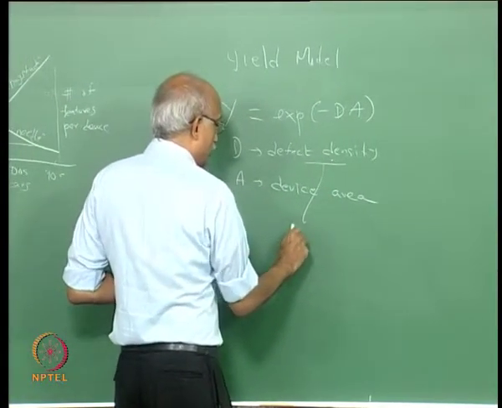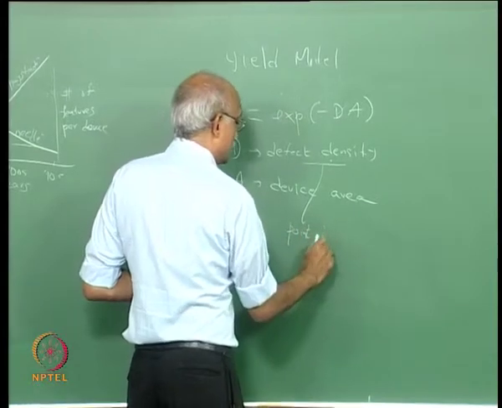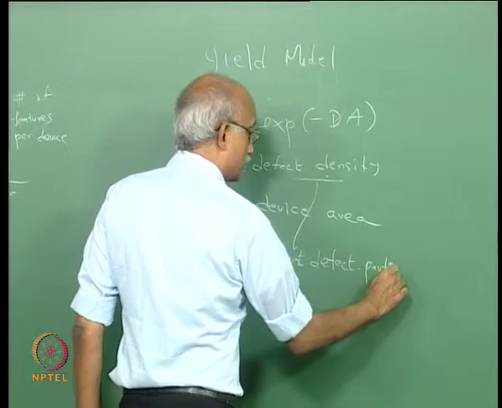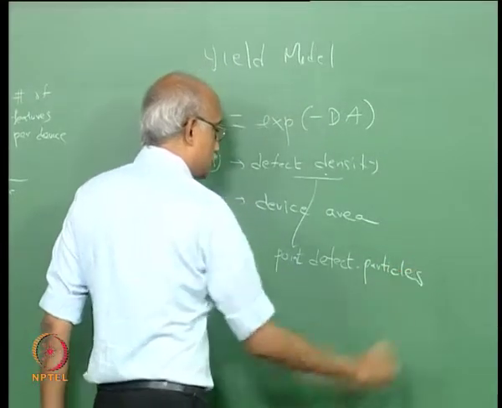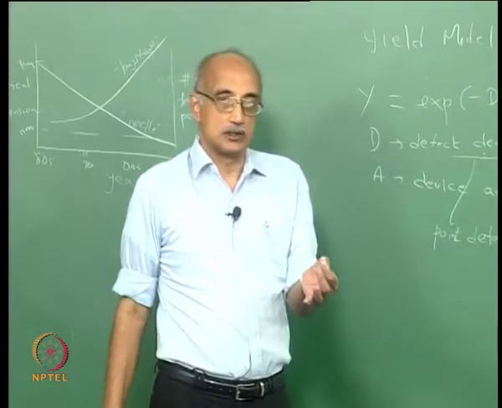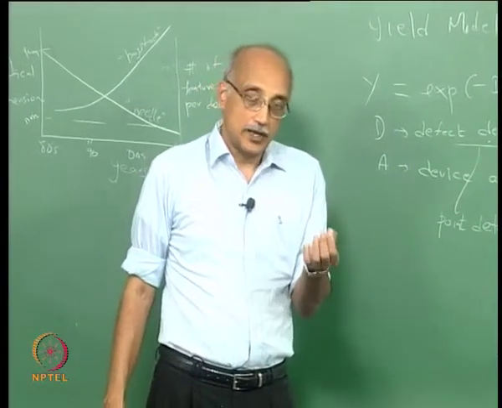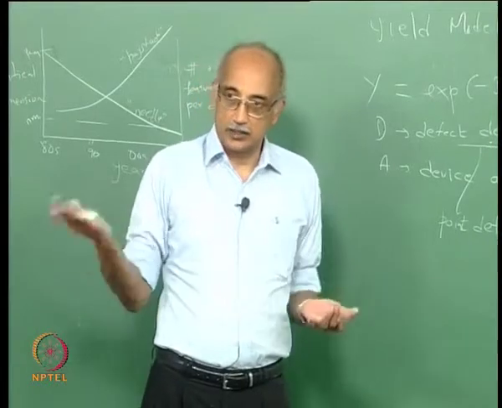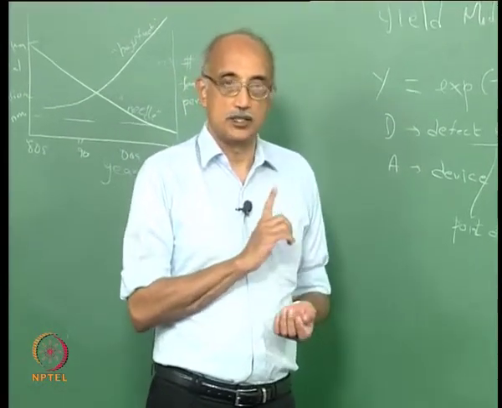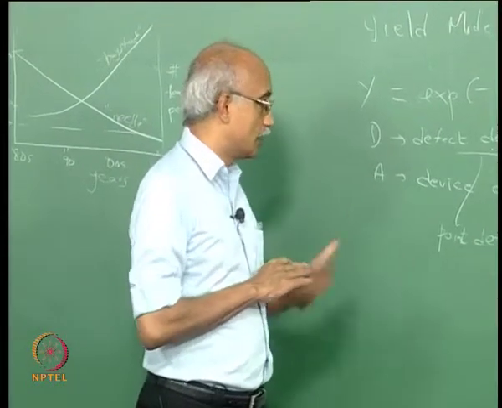Particles essentially cause what are known as point defects. A particle essentially causes a defect to happen at one location, at a single point. Now, that defect can then propagate over the entire device, but the starting point is a single location or a single point. So, it is known as a point defect.